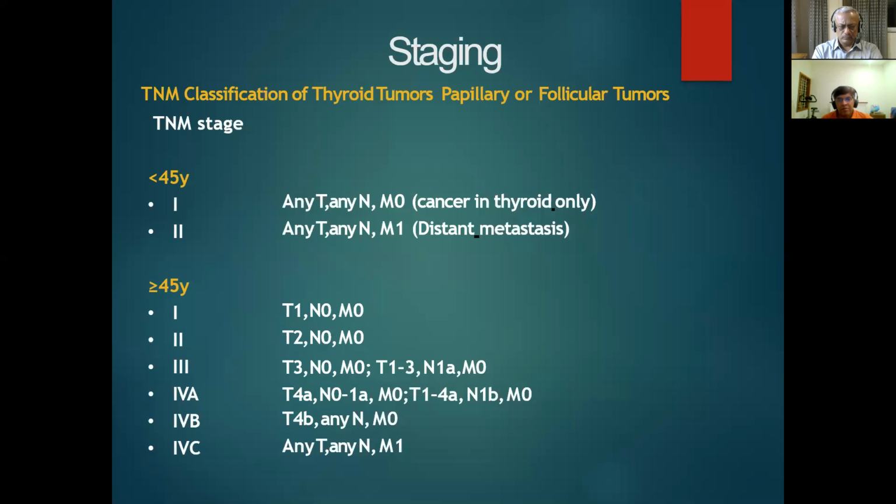Stage 1 is T1, N0 and M0. T2, N0, M0 is stage 2. Stage 3 is T3, N0, M0. And 4A is T4A, N0 to 1A and M0. 4B is T4B, any N and M0. And 4C is any T, any N and M1 metastasis.